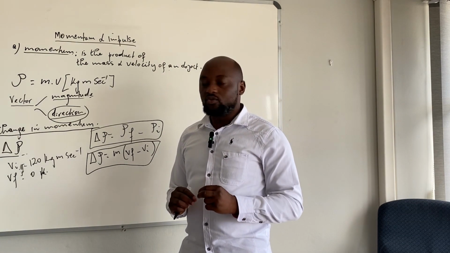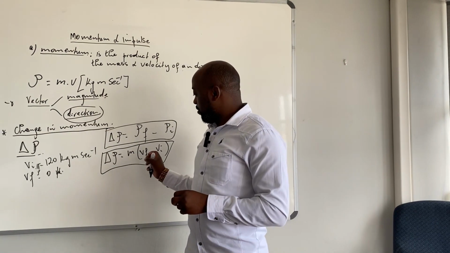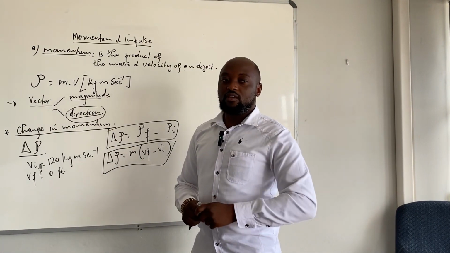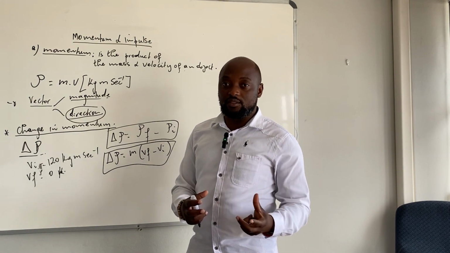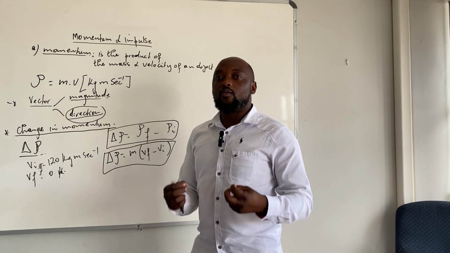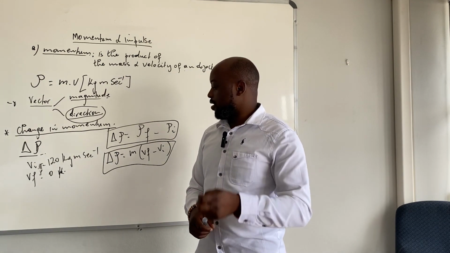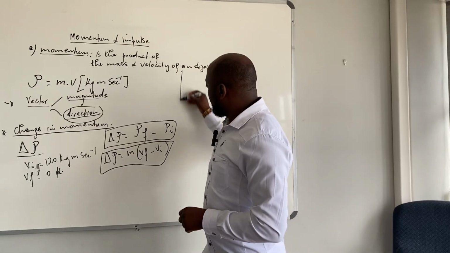You must also consider the vector nature of your object. So if it was going to the right, normally in physics we use right as positive, and to the left or in the opposite direction we normally use negative.